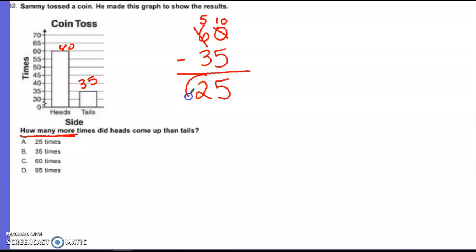So I got 25. Let's see if that matches our answer choices. Nope. 25. I see 25, 35, 60, and 95. Well, I got 25, so that means A would be my answer. So how many more times did heads come up than tails? He landed on heads 25 more times than he landed on tails.